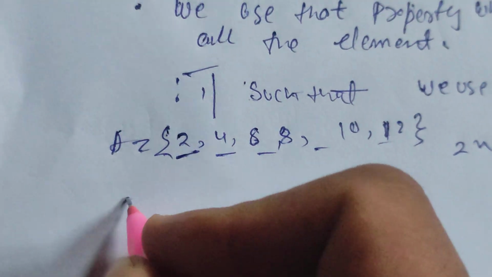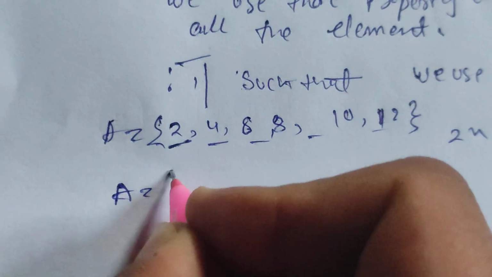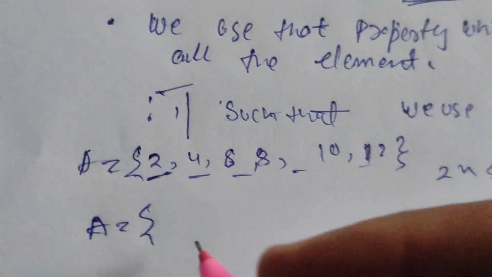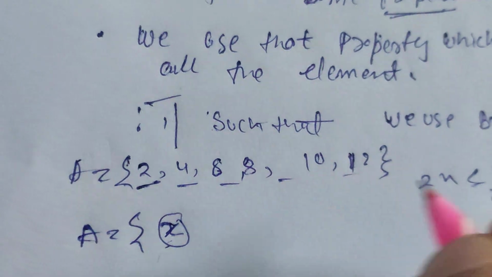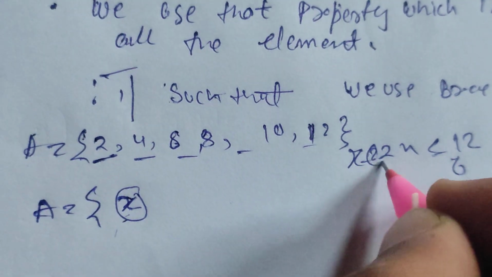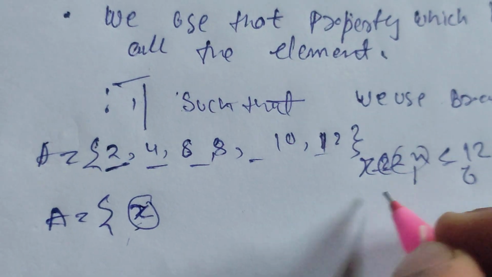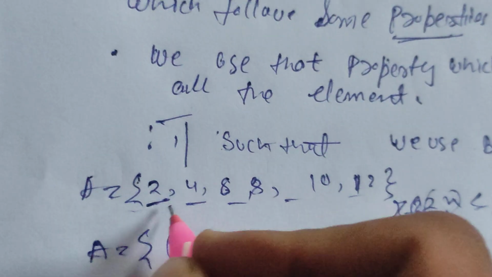So we generally make a set builder form inside curly braces. x such that x belongs to A, where x are numbers.